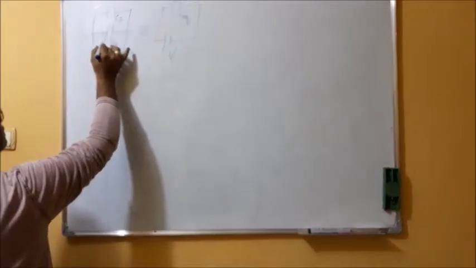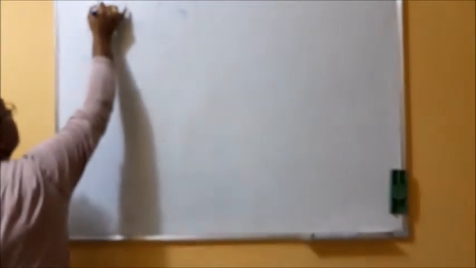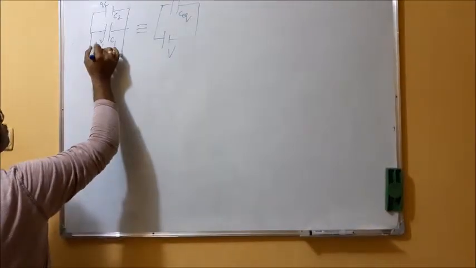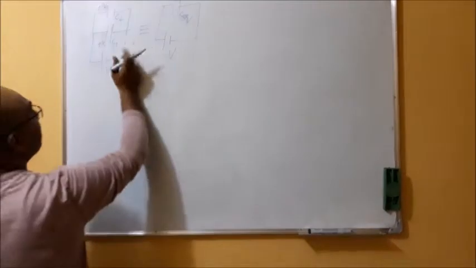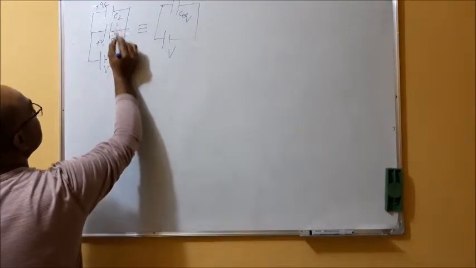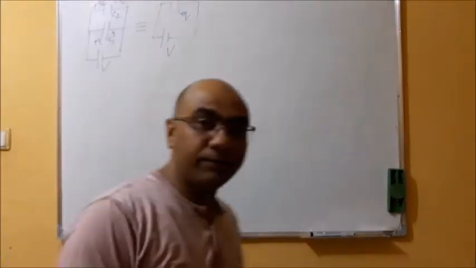So let here we have the charge Q1, here we have charge Q2. Since it is going from the positive plate, it is plus Q1, this is plus Q2, and from the negative plate, here the charge will be minus Q1, here the charge will be minus Q2, right?